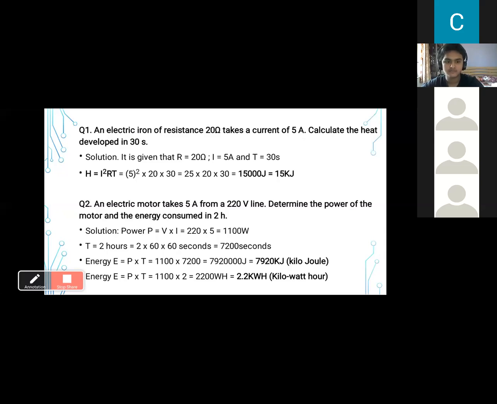So whenever you're taking time in seconds, you will always get the energy or the heat in terms of joules. You can change it into kilojoules also if 1000 is coming. But if you're taking time in hours, you are getting watt hour. And here I have changed it into kilowatt hour because this is the commercial unit of electricity.